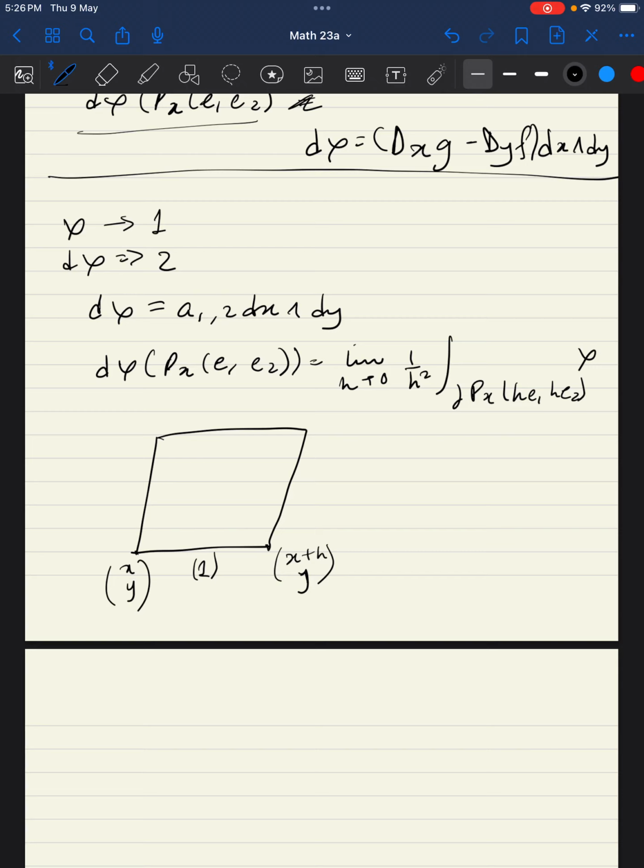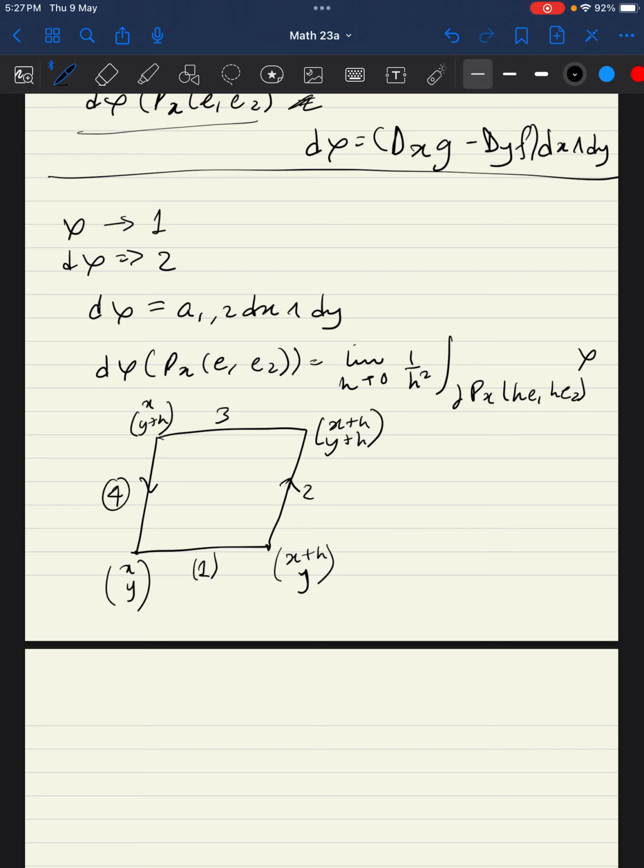The same thing in the other direction along segment 2, which goes to x plus h, y plus h. Along segment 3, which is going to be x, y plus h. This is the fourth segment.